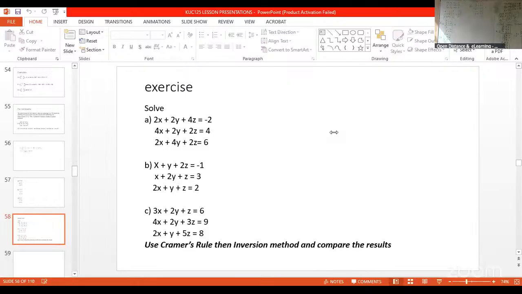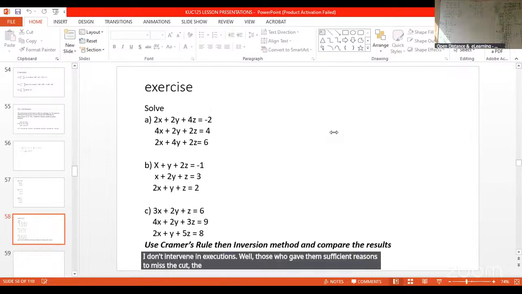Okay, unmute them. I want to be very clear on this, and everybody should get it right. I don't entertain excuses. For those who gave sufficient reasons to miss the cut, it will be there on Thursday morning.